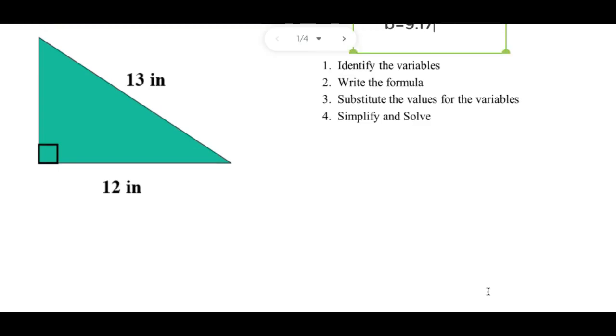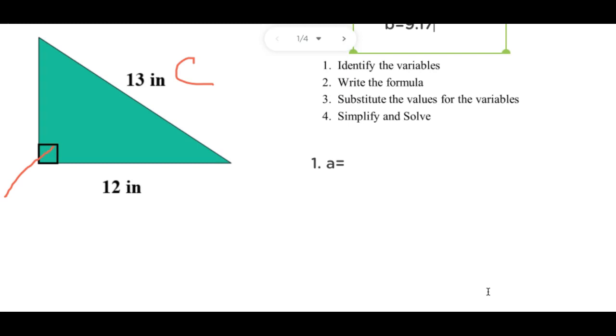So identify the variables. Once again, on this example, we have a C. Step 1, A is 12. Or we can say we don't know what A is. Doesn't matter. Can't find my question mark.